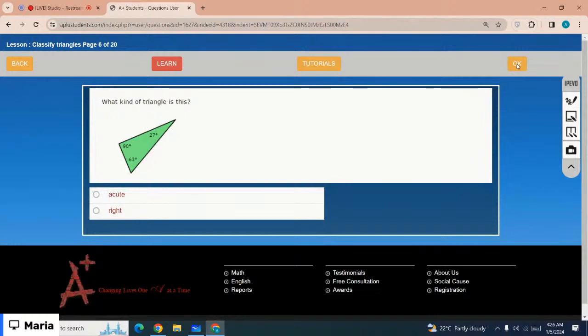What kind of triangle is this? Which is the correct option, acute or right?